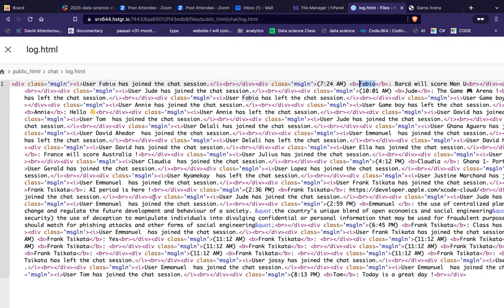Now, based on these logs I have, how frequently does Fabio, a particular person, visit the site? And when he visits, how frequently does he post something there? And when he visits, what's the average time he spends there?